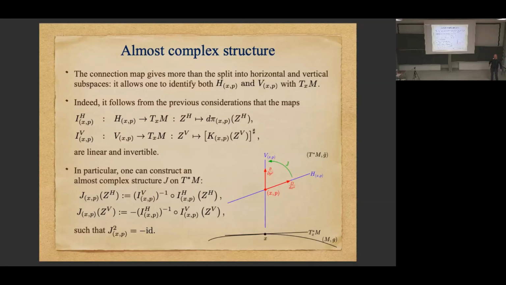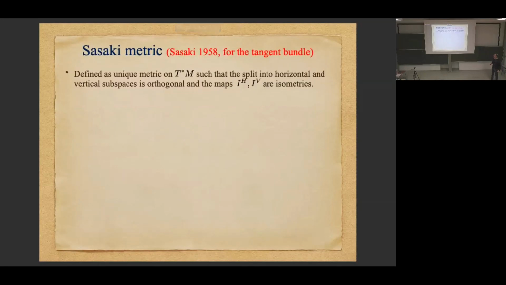Once you know all this, now it's very natural how to define a metric on the cotangent bundle. That's called the Sasaki metric because Sasaki did that in '58 in the context of the tangent bundle of Riemannian manifolds. You define this metric in such a way that the split we have just introduced is orthogonal, but also that these maps IH and IV are isometries.